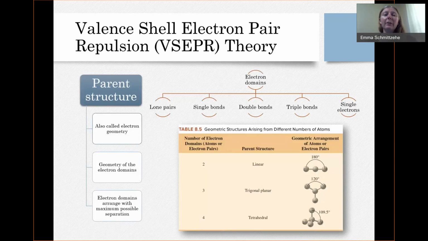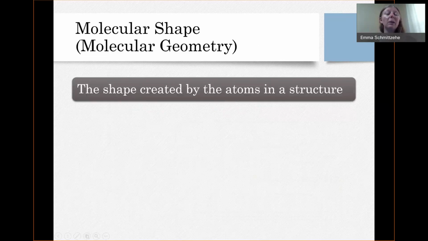Now, once you have that, that's really telling us about the groupings of electrons coming off of the central atom. But that's not always what we're interested in. So usually we would take that shape and convert it to what we call a molecular shape or molecular geometry. The description that we're using for the electron domains, which we call either an electron geometry or parent structure, tells us about the orientation of all those electron groups.